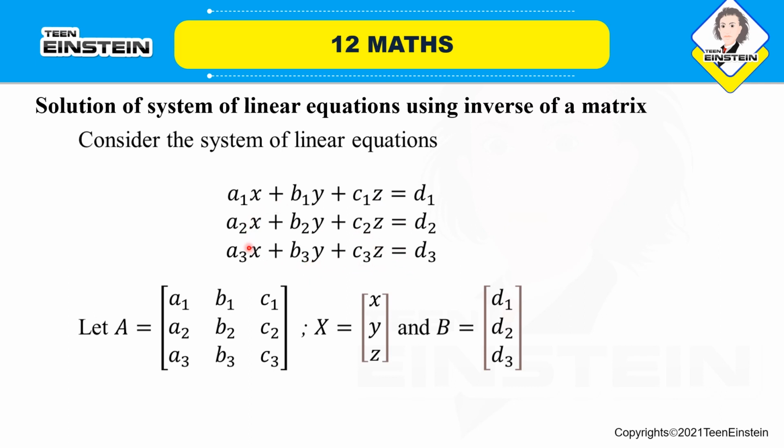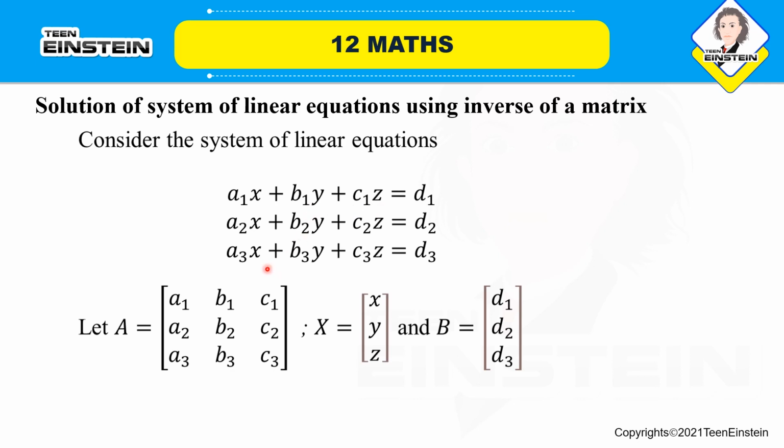This is a system of linear equations in three unknowns. What are the three unknowns here? The three unknowns are x, y and z. We are going to find the unknown variables x, y, z, that is our objective.